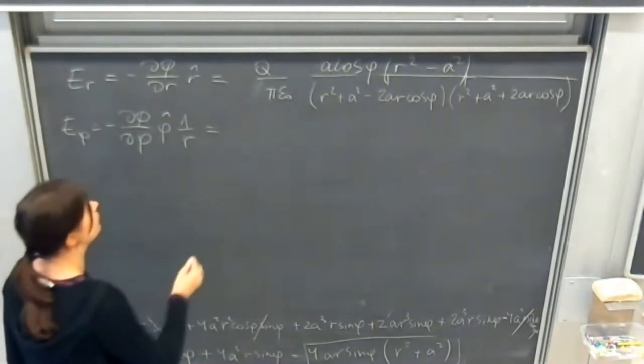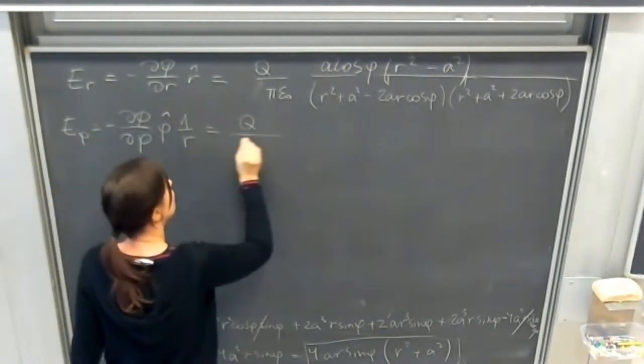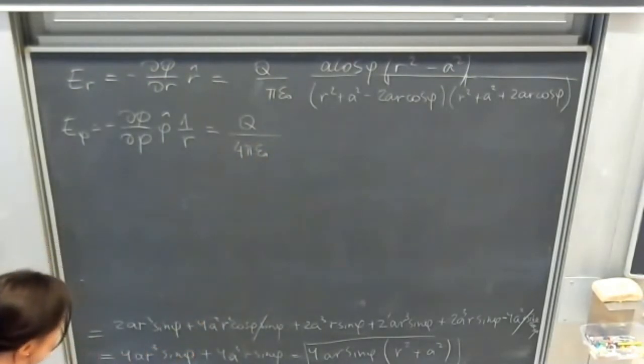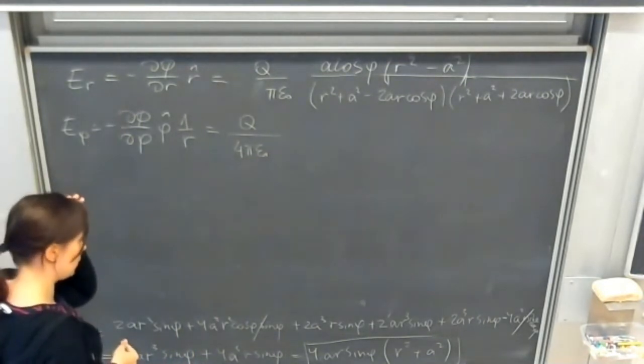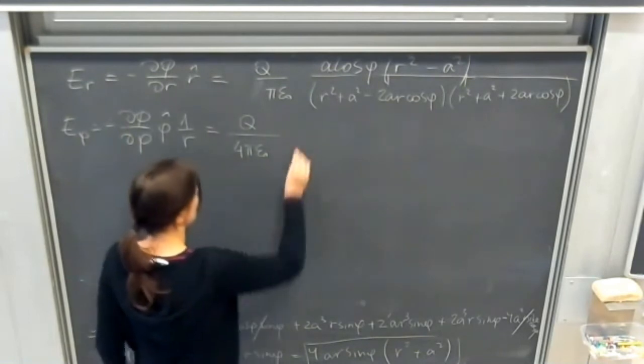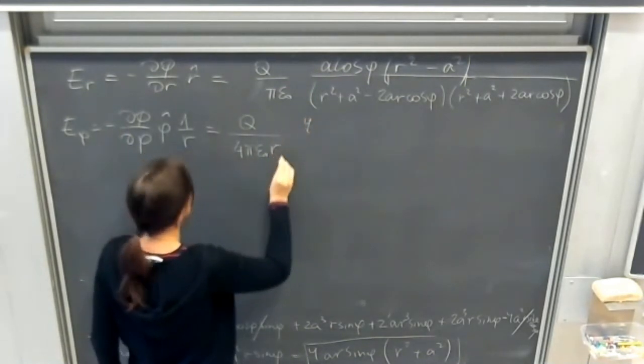So this one seems to be, no, again, minus with minus, yes. Again, plus. Divided by r.